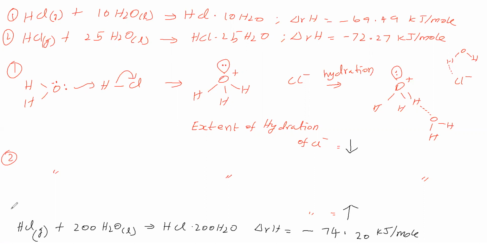How to go from second to third? Here 25 moles of water is there. Now we want 200. Therefore, to the second case, add 175 moles of water. You will get the third case.